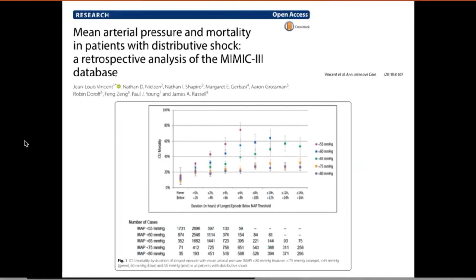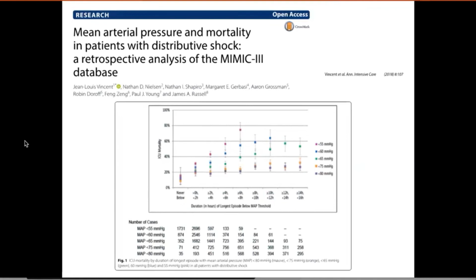And this is a pretty recent study showing this using the same data, MIMIC data. And I'm sorry, the slide is not really easy to read here, but what you can take out of it is that essentially the longer the hypotension episode, here on the x-axis, and the deeper the hypotension, which is coded with the color code here, pink being the lowest blood pressure, the higher the mortality at the end.